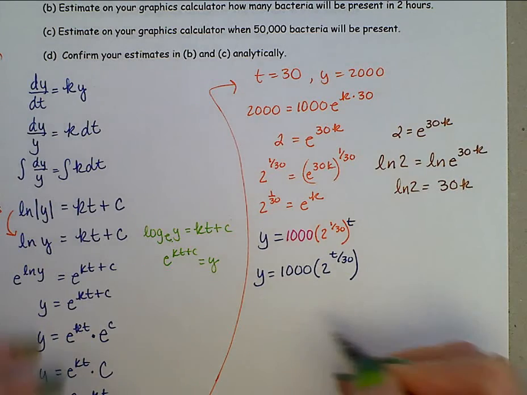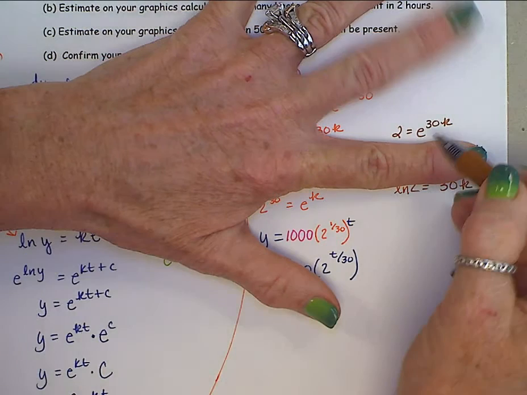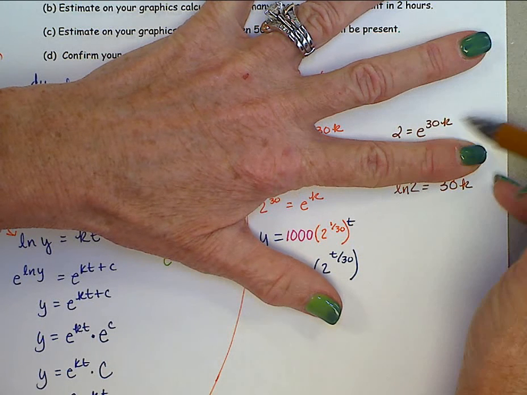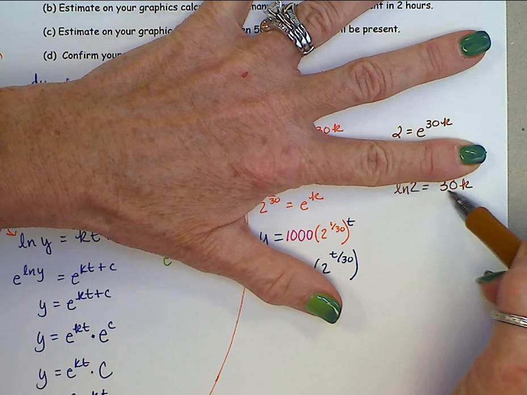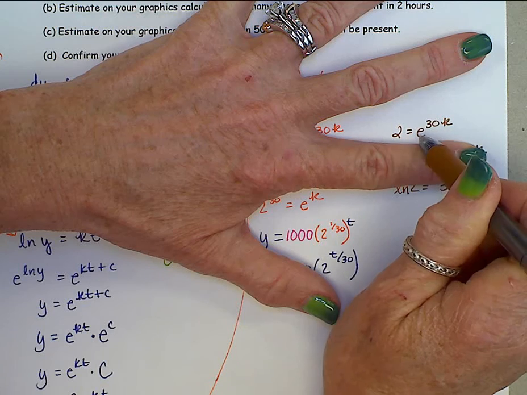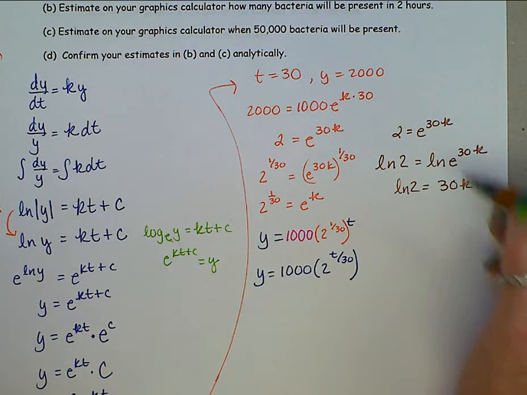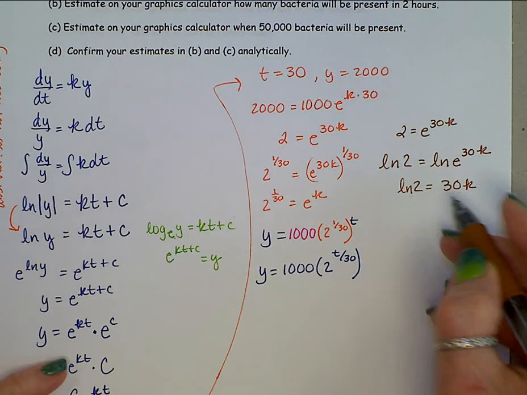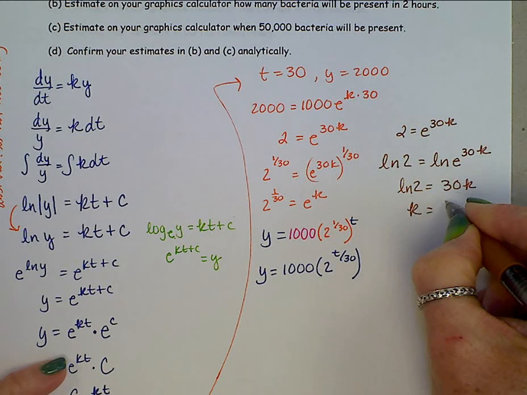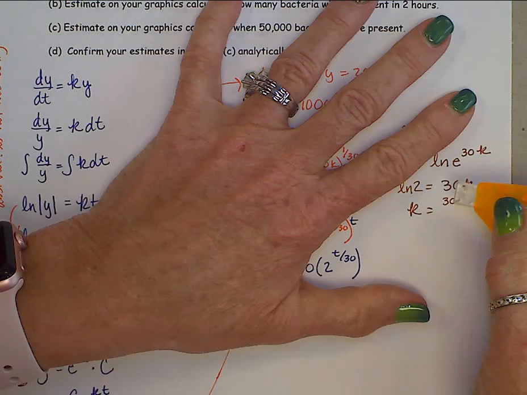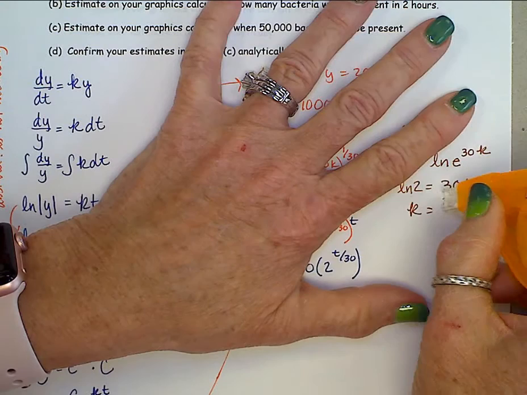If you didn't do that, maybe you rewrote this from exponential form into logarithmic form: the exponent 30k equals log base e, which is natural log of 2. Either way, makes no difference. We get to here. This gives us that k is ln2 over 30. I switched sides there.